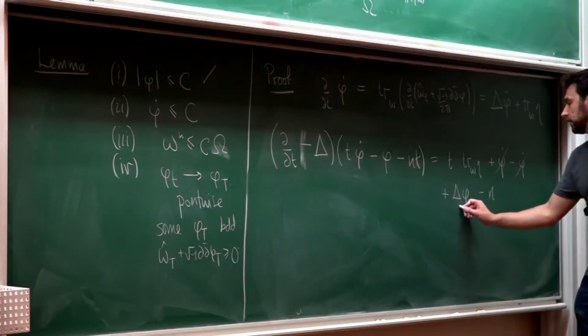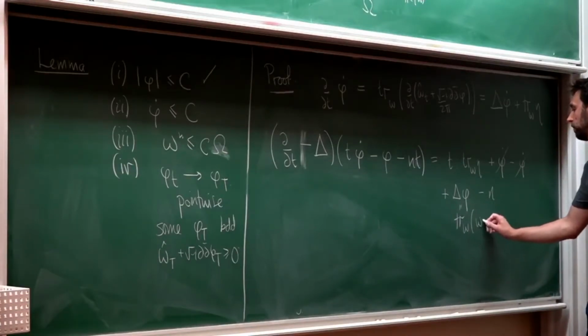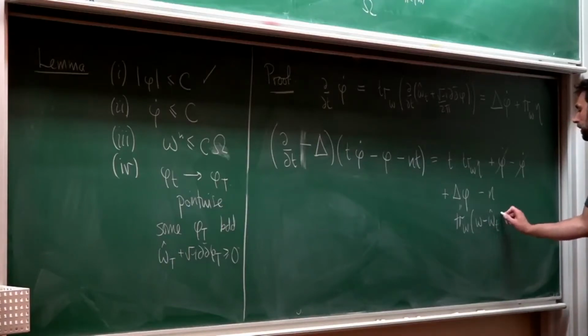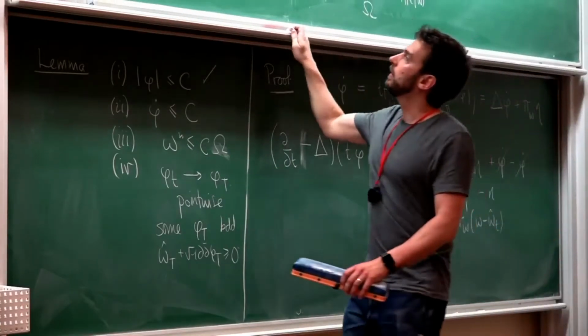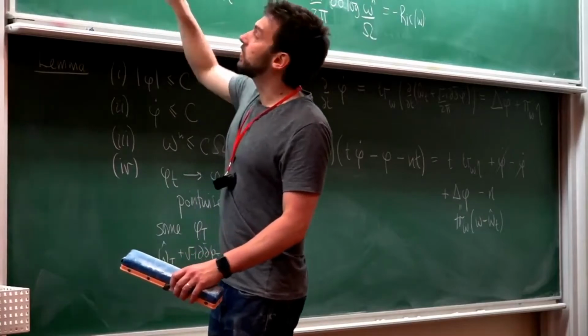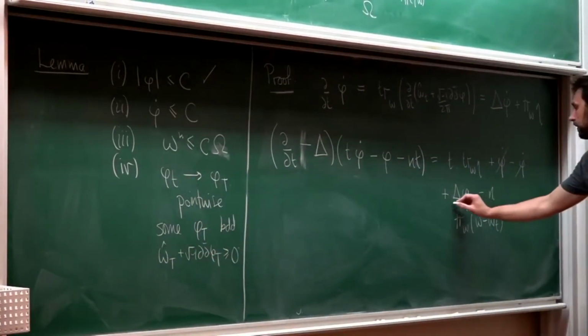And the Laplacian of phi is the trace with respect to omega of omega minus omega hat t. Because this is, by definition, just the trace with respect to omega of dd bar phi. But dd bar phi is just omega minus omega hat t. So this guy here is equal to this.